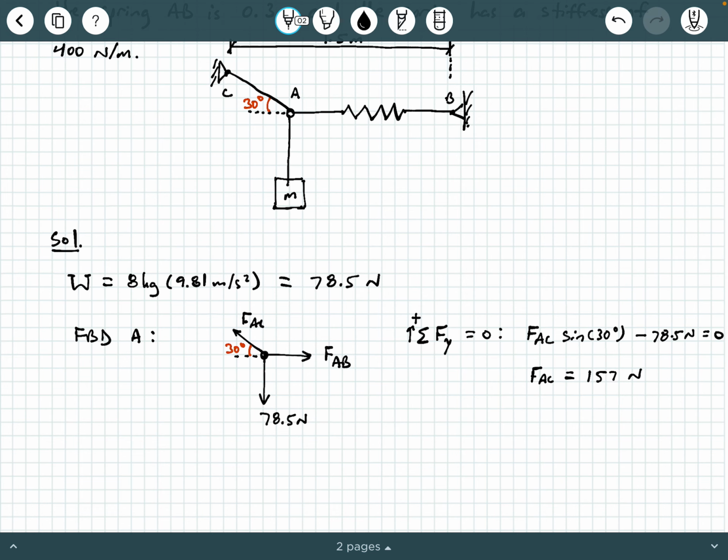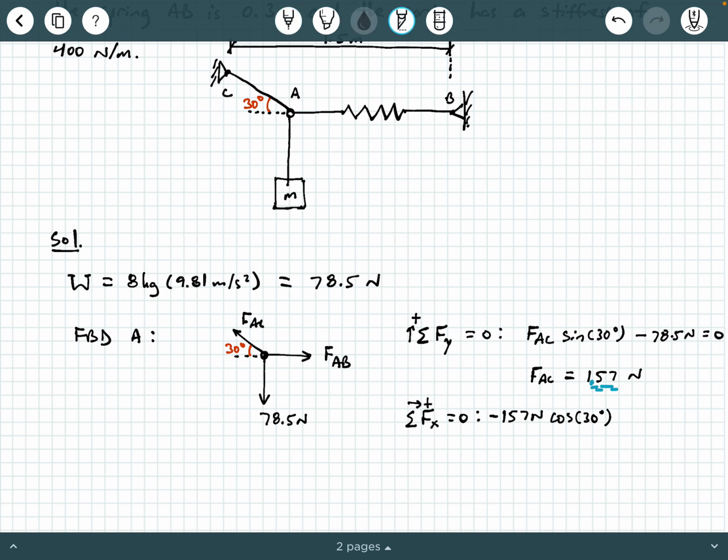Now, what's our second equilibrium equation? We have the sum of the forces in the x direction equals 0, and we can apply this to solve for FAB. The way we set this up is 157 newtons, that's FAC over here, times the cosine of 30 degrees. We can't forget a negative in front of that.